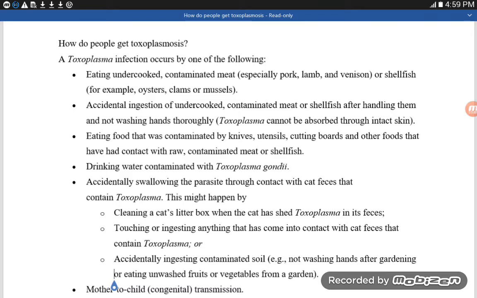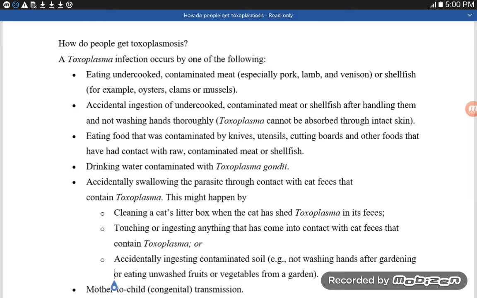Then this might happen by cleaning a cat's litter box when the cat has shed Toxoplasma in its feces. If in our home we keep a cat as a pet, sometimes we arrange a place for it to stay, which we call a litter box.